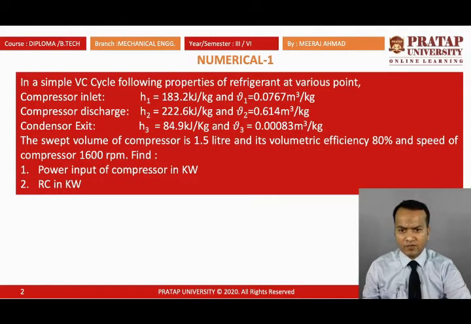The swept volume of the compressor is given as 1.5 liter, which you have to convert into meter cube, and the volumetric efficiency is 80%. The speed of the compressor N is 1600 rpm, which we have to convert into RPS. Find the power input of the compressor in kilowatts and the refrigeration capacity in kilowatts.